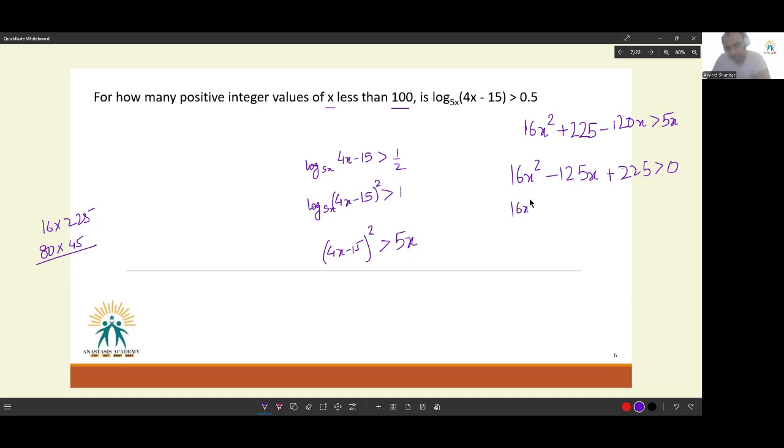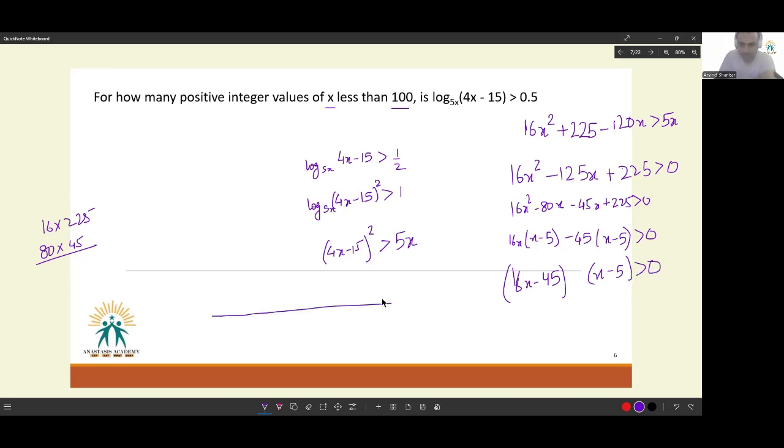So I have 16x square minus 80x minus 45x plus 225 is greater than 0, which gets me 16x into x minus 5 minus 45 into x minus 5 is greater than 0, or 16x minus 45 and x minus 5 are supposed to be greater than 0.